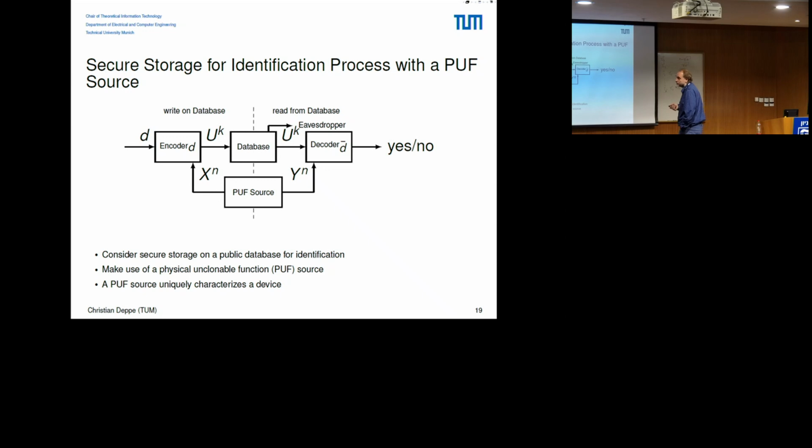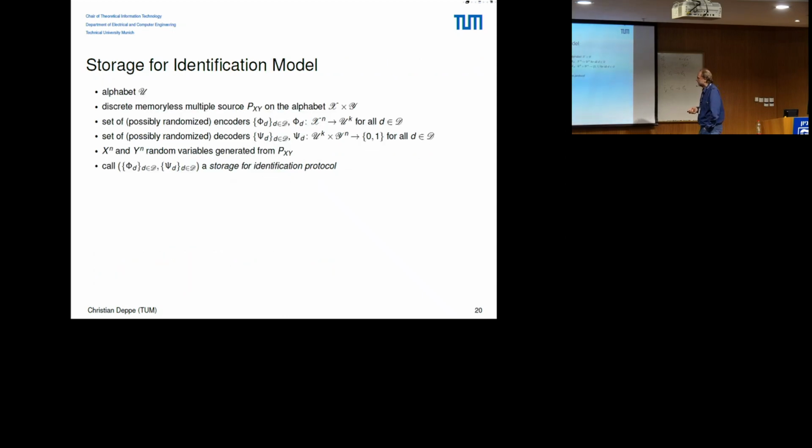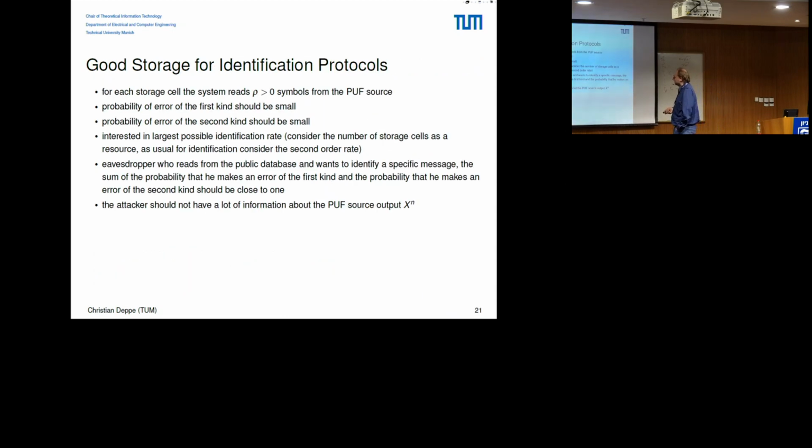Now we want to do it for identification. That means the encoder writes something on the database, and later some decoder comes with the same PUF source, and he just wants to know, is a special message written on this database, and yes or no should be the output.